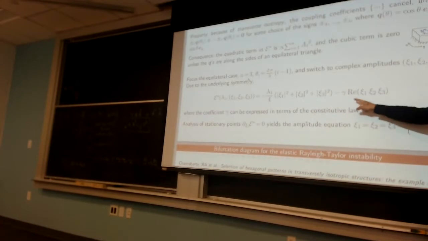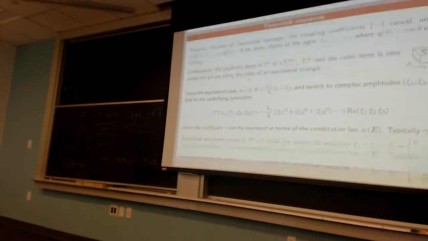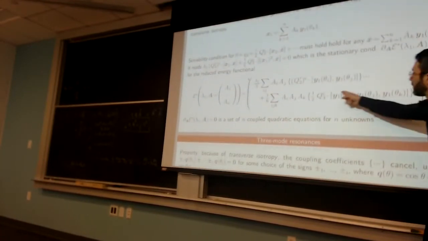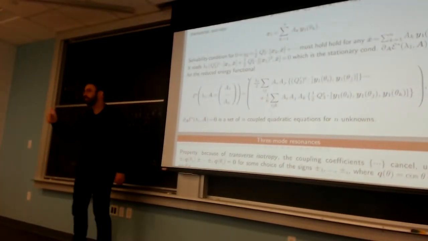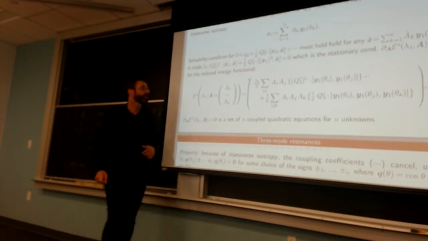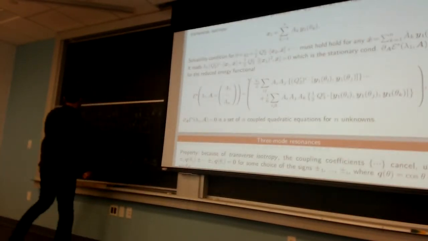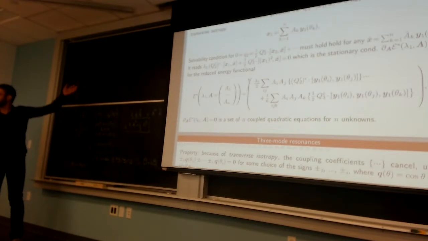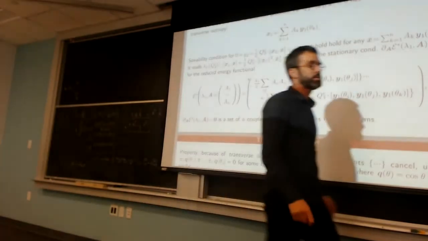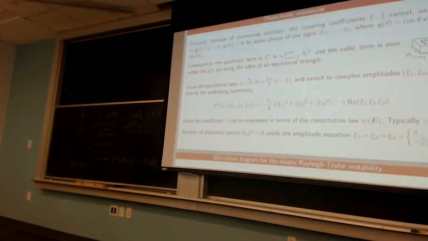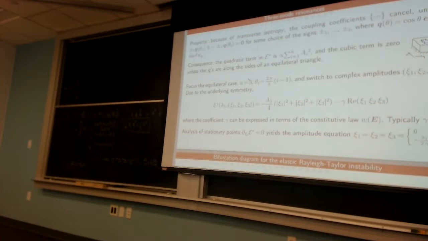Actually, I forgot to say that there's this gamma coefficient here that still comes from the calculation of these explicit integrals, but there's only one coefficient at the end of the day that you need to calculate. And so this gamma can be related to the shear modulus of the initial modulus. That's a nasty calculation, but it's the only calculation in the thing. So this gamma is a material parameter that captures essentially the modulus of your slab.